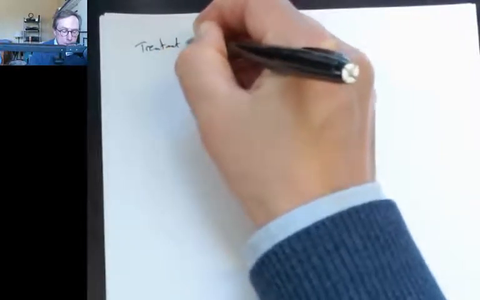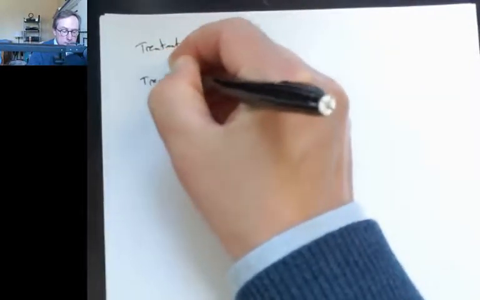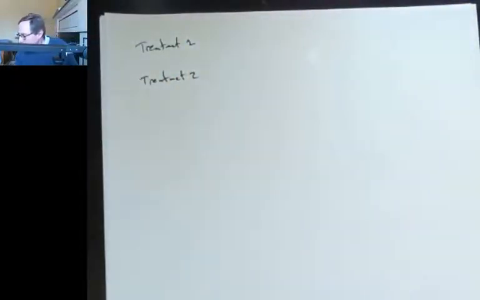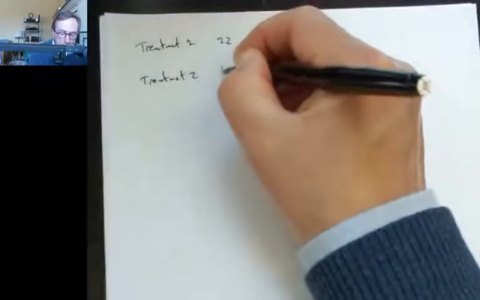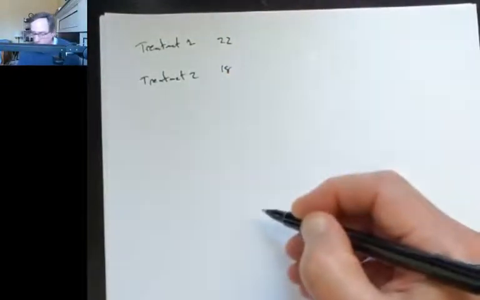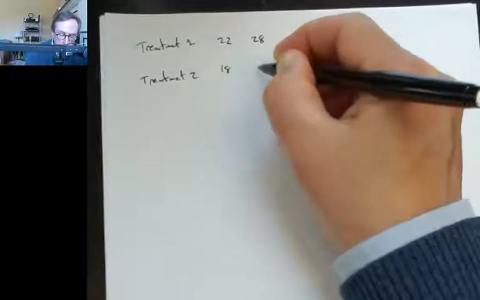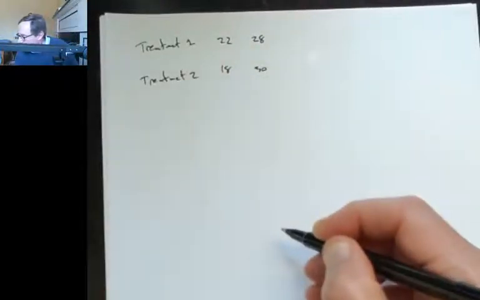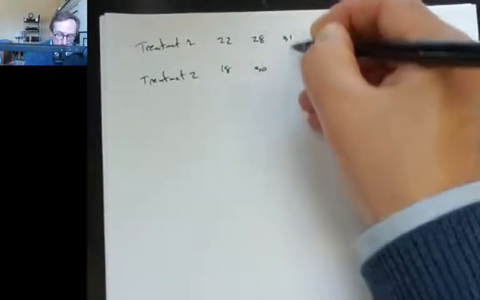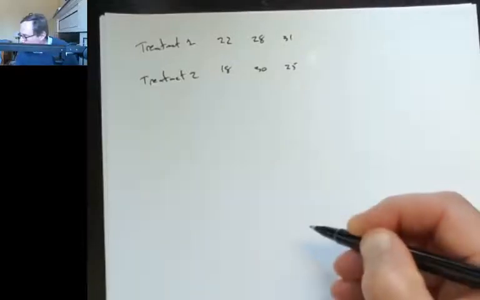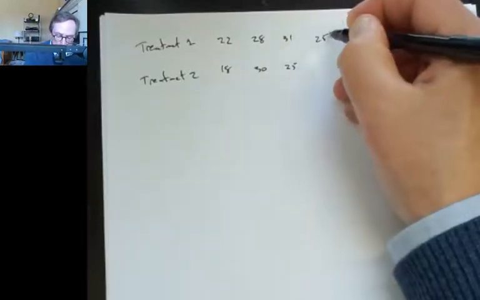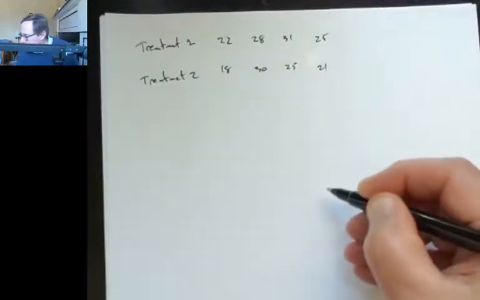So treatment 1 and treatment 2. Okay, and very quickly copying it down here, 2218, 2830, 3125, 2521, and finally 2821.